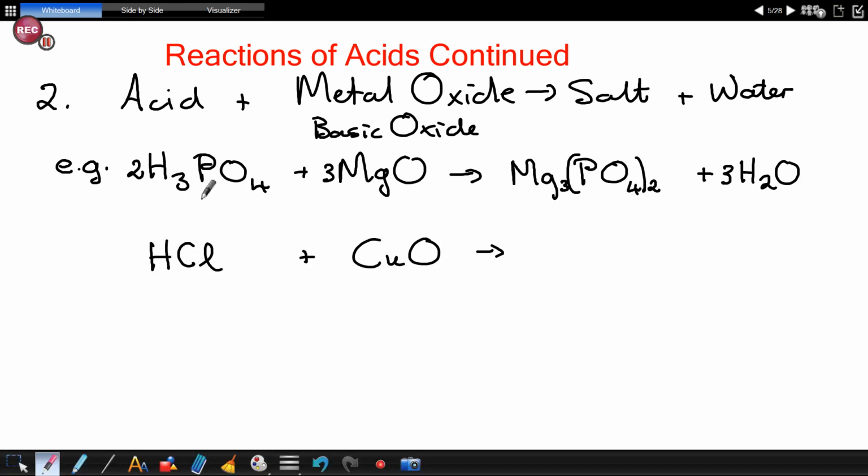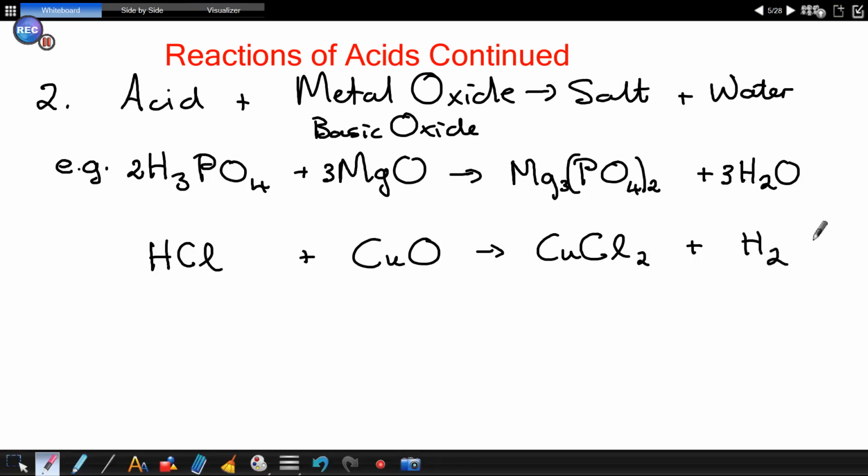I'm just showing you what the products are and teaching you how to balance reactions. We'll do stoichiometric calculations later. What is the valency for the copper in CuCl2? Yes, it's 2. So it's copper chloride like that, and water.